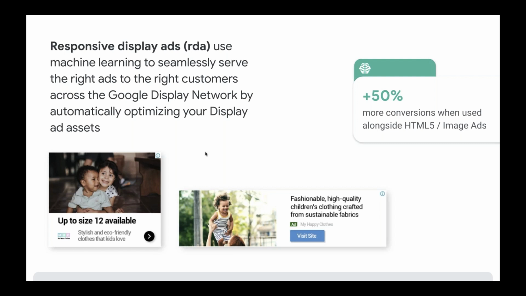Many times users really like it, because it feels really native to them. It doesn't even feel like advertising. Sometimes they see it as part of the landing page, or part of the blog they're reading. It really helps to boost the performance and relevance of those ads. On average, it increases conversions by 50% or more compared to standard image ads or HTML5 ads.